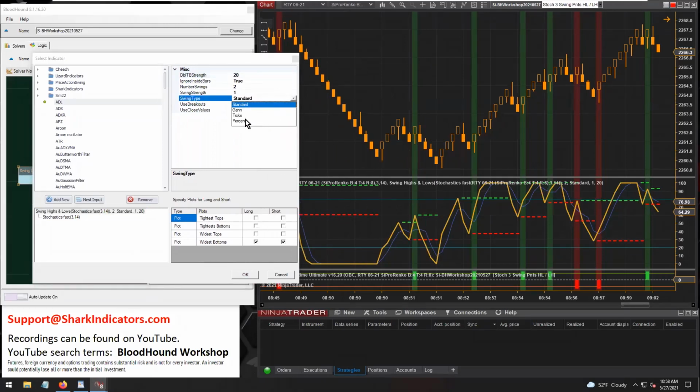So just to explain here, I'm trying to get the swing indicator to detect that lower low that happened right there.